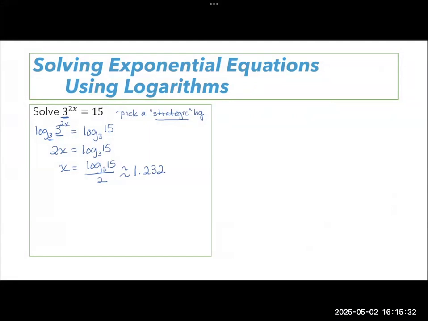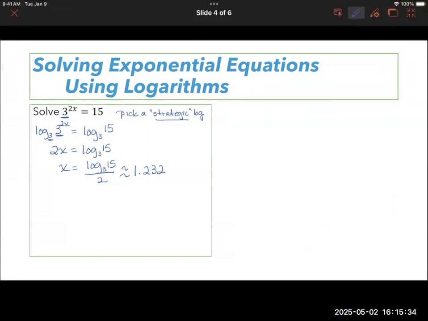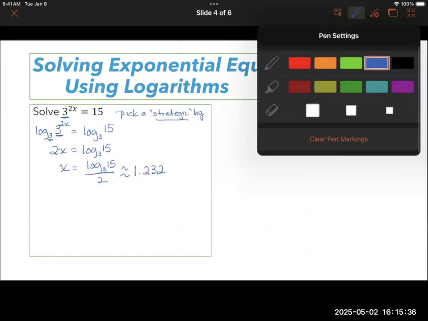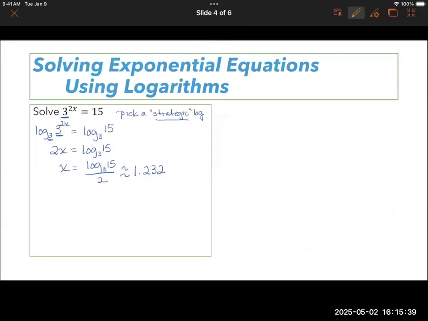Now, if you have a calculator that does not allow you to put in your own base, so you really only have natural or common logs to choose from, then you can do that to both sides. So let's say for a minute that we decide to take the natural log of both sides of the equation. Okay.